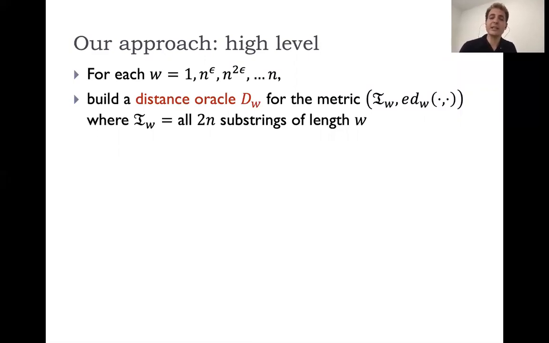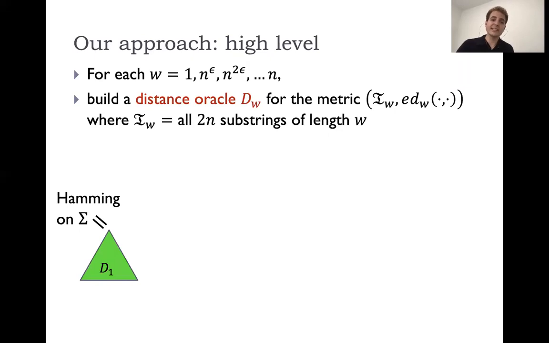And every time we are building a distance oracle, D sub W, for a metric which is the size of all W intervals, with the distance edit distance W. And again, the intervals are all the x intervals and all the y intervals that start at any single coordinate i or any single coordinate j.